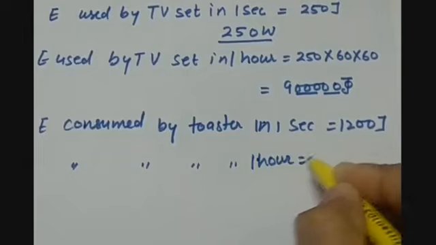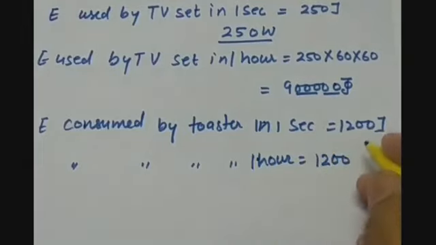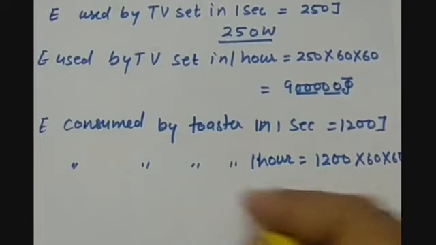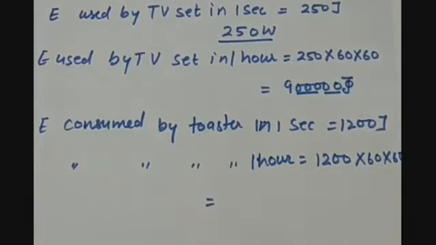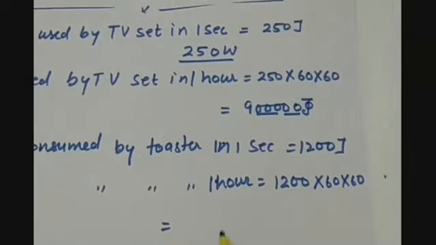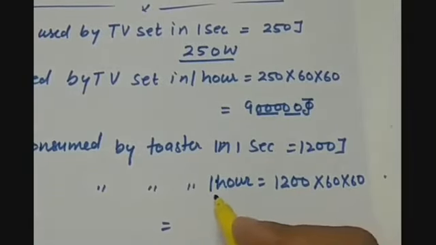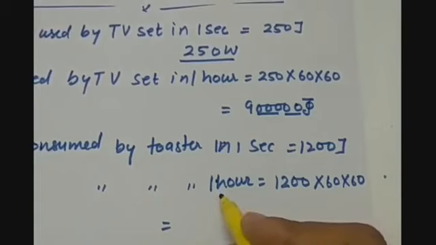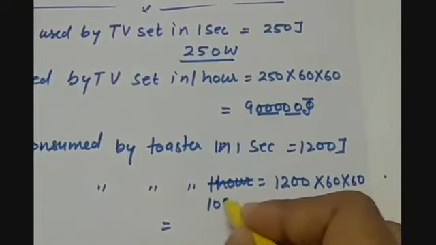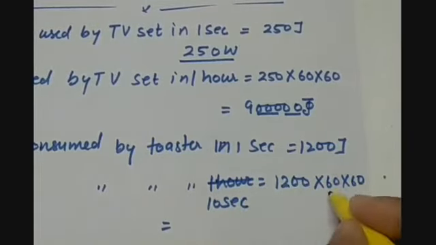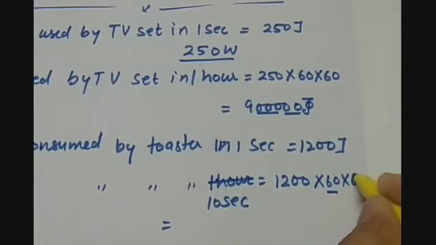1200 into 60 into 60, which comes out to be, sorry, it's not in 1 hour now. We have to calculate the energy consumed in 10 seconds. So first convert it into minutes and then seconds.